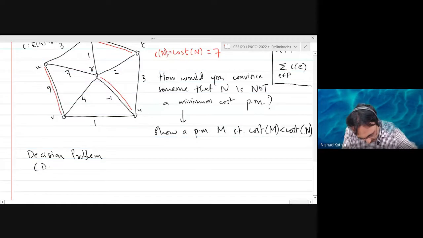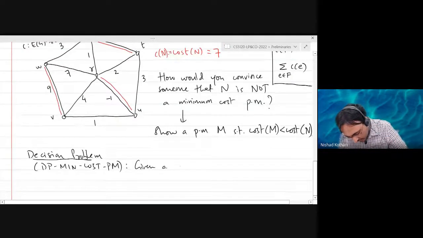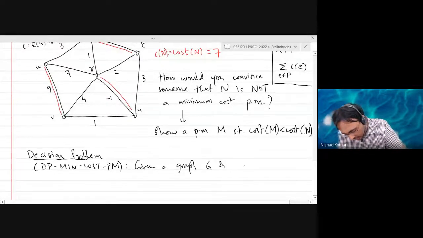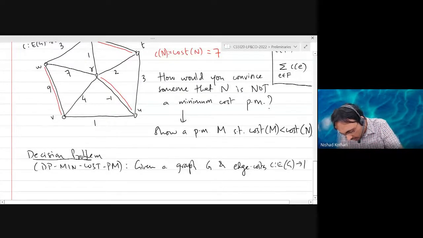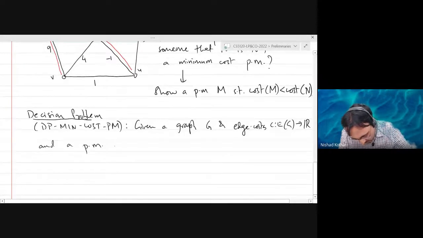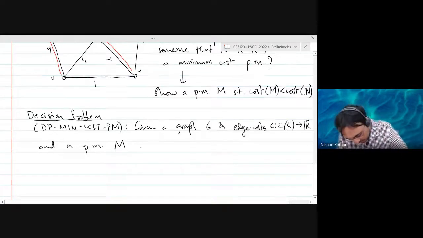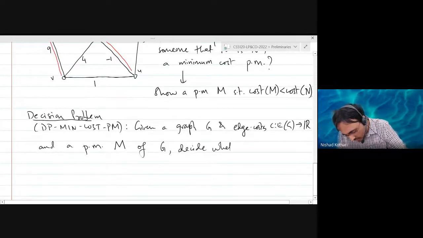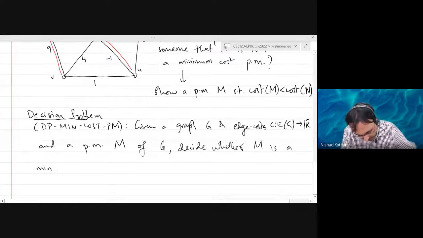I'll call it DP, min cost perfect matching. Okay, and you are given a graph G and edge costs, and you are given a perfect matching M, let's say, of G, and your task is to decide whether M is a minimum cost perfect matching or not.